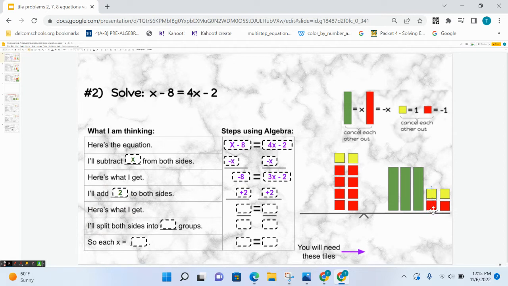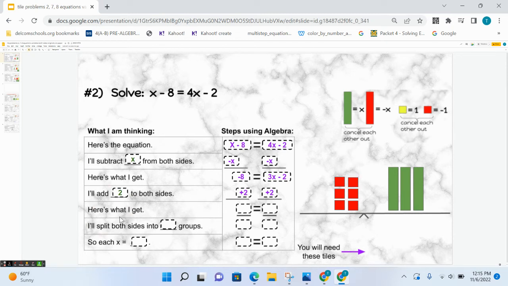So this positive and this negative cancel out. On the left side, this positive and that negative cancel out, so I'm just taking them away. And this positive and that negative cancel out.